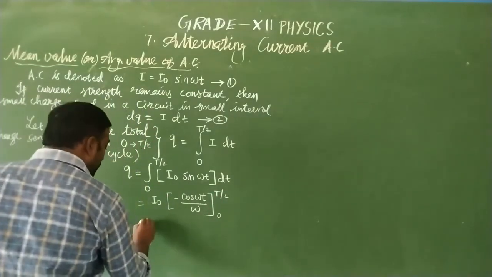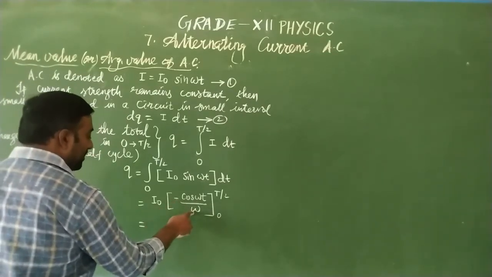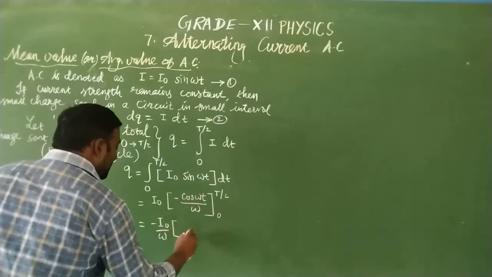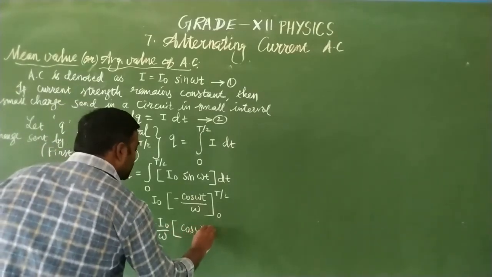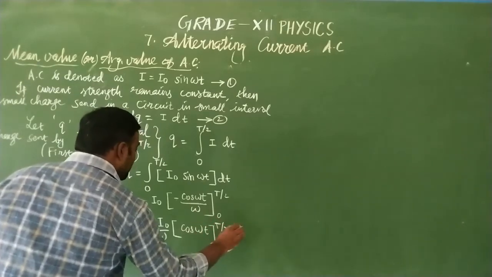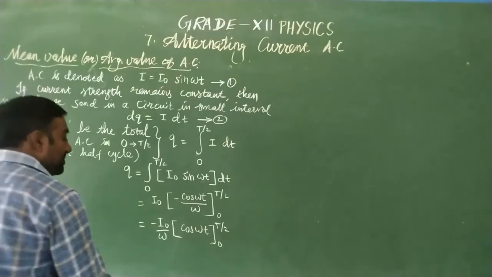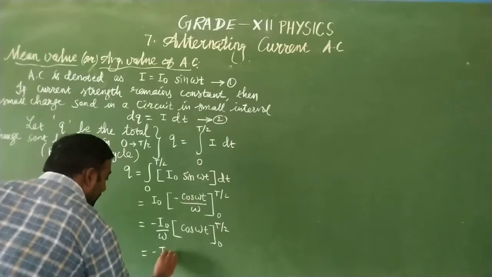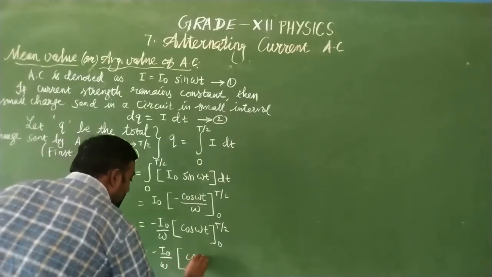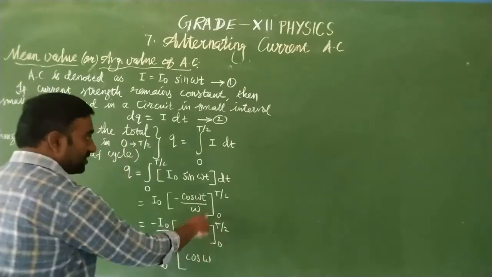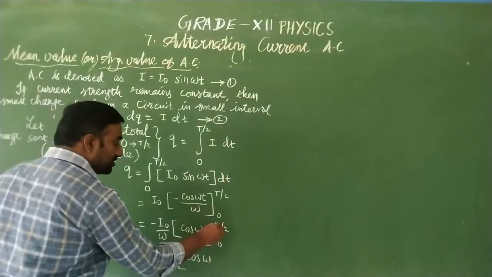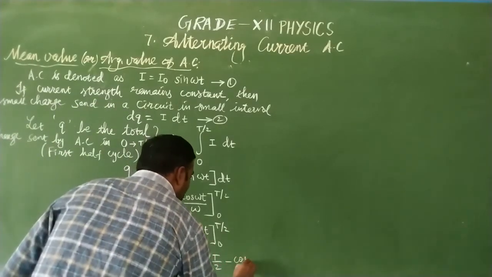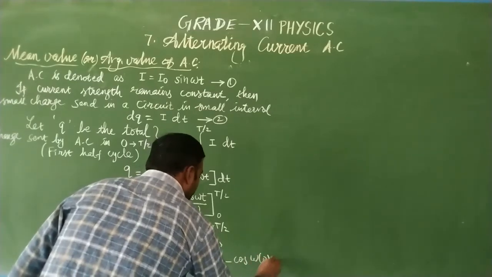Now I am taking the minus value and the denominator value separately outside, that is minus I naught by omega. Then inside the bracket we have cos omega t and the limit 0 to T by 2. Then substitute the limit. For t, you substitute the upper limit, then the lower limit: cos omega into T by 2 minus cos omega into 0.